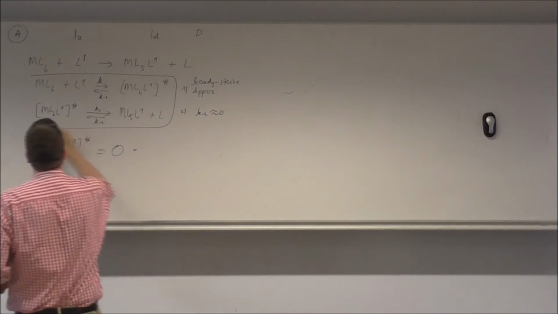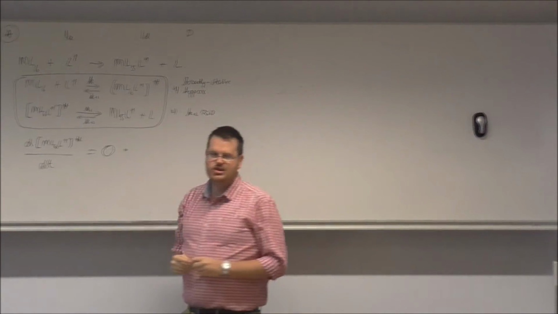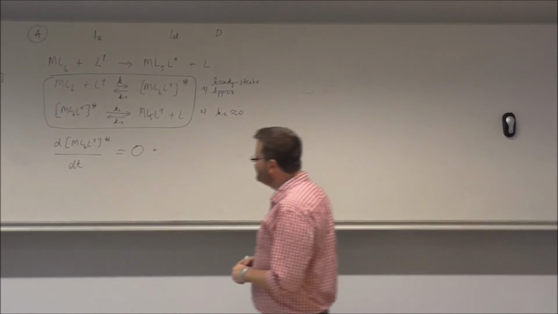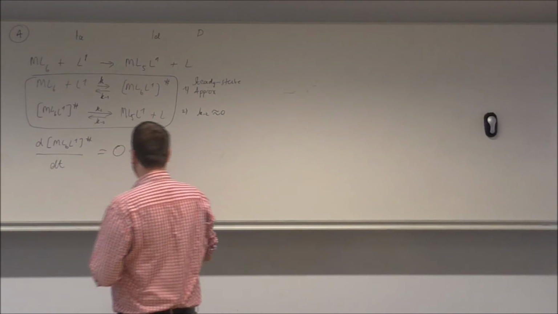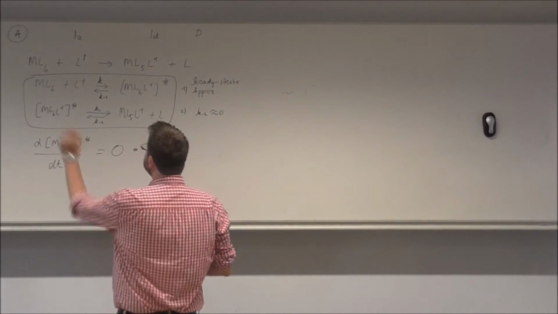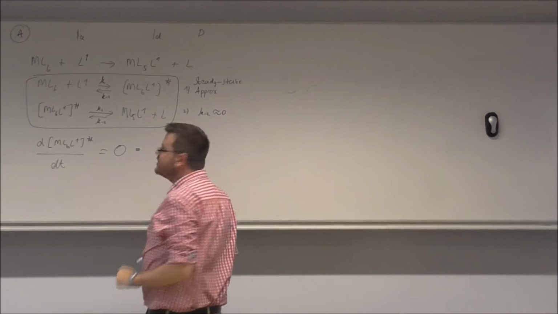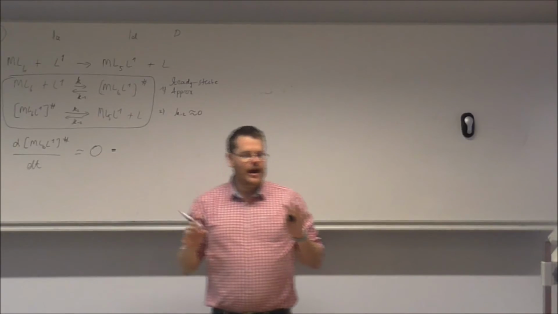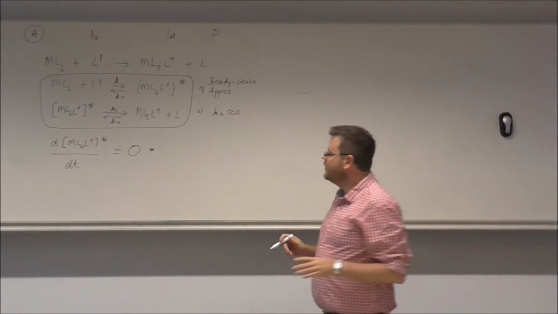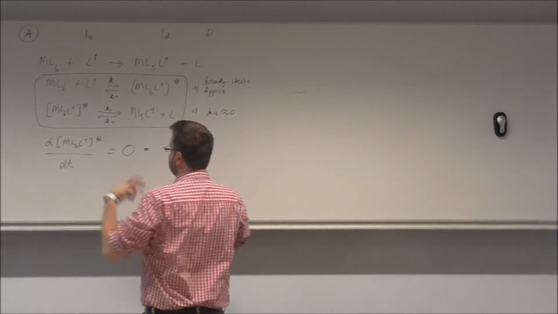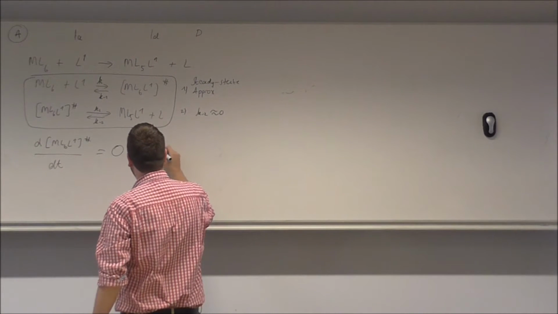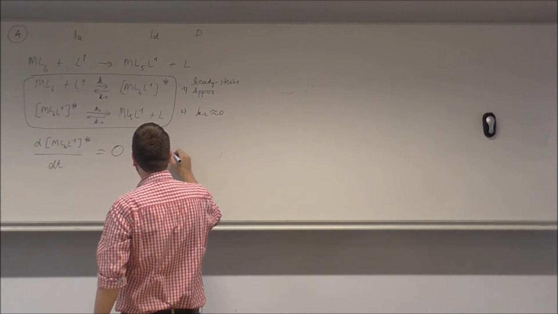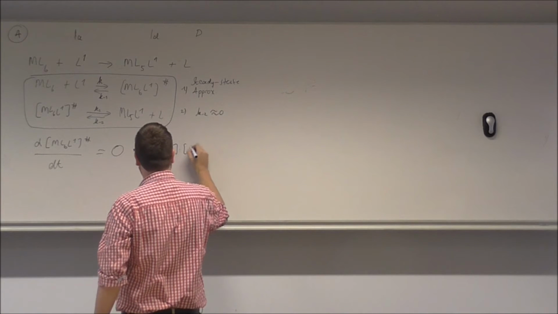So let's now take these two equations here and derive the rate law for an associative mechanism. Okay, so let's see how this works. We say, okay, what is the rate of formation of the reactive intermediate? Well, from that top equation, assuming that it's first order in ML6 and L1, the rate of formation, or the production of this, is simply K1 times ML6 times L1.